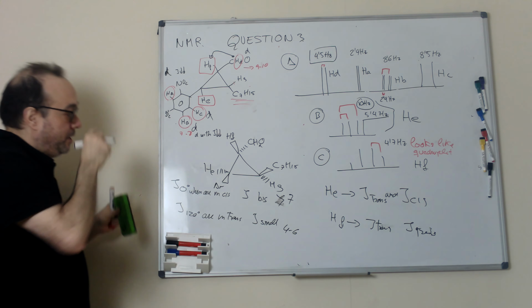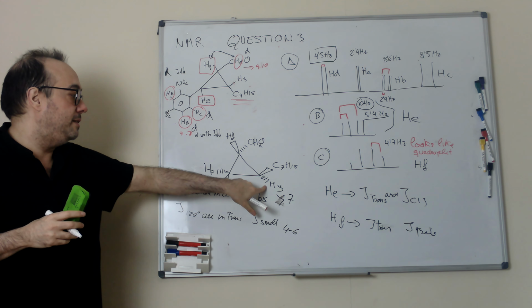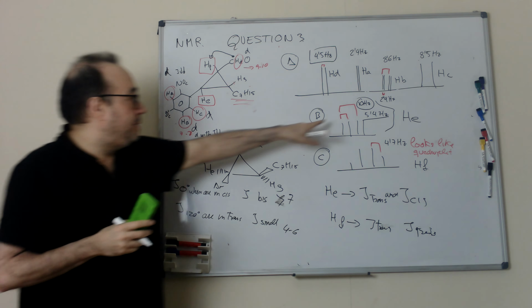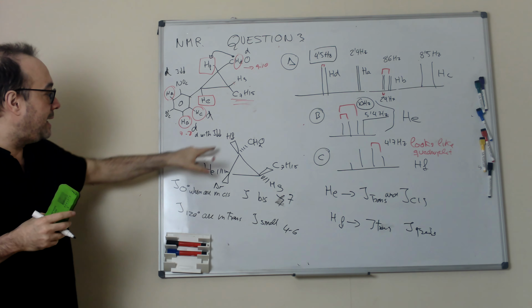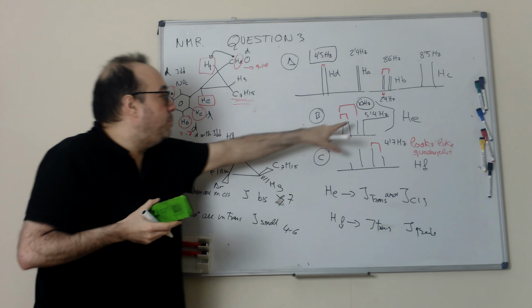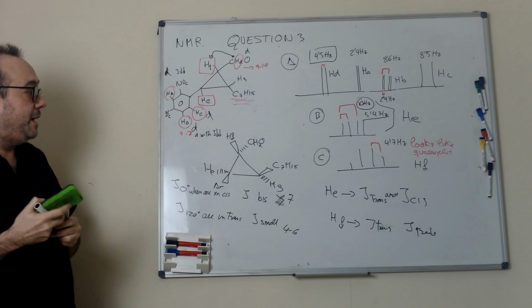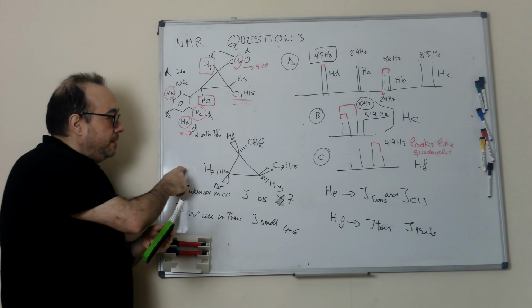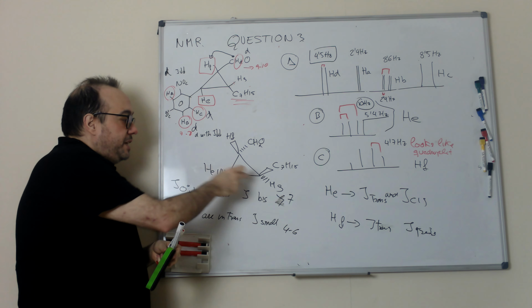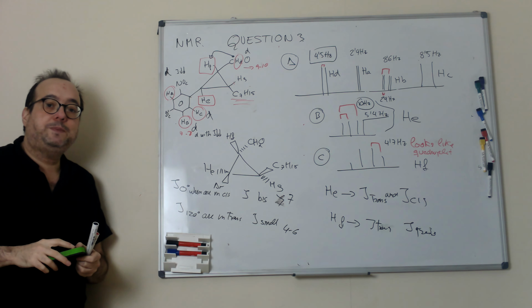And then, if we draw it like this, we saw that HE has a cis coupling constant with HG, that will be big, 10 Hertz, and a trans coupling constant with HF that has to be small and will be 5.4. That means the final diastereomer that we have must be with HF trans to HE and HG, and HE cis to HG and trans to HF.